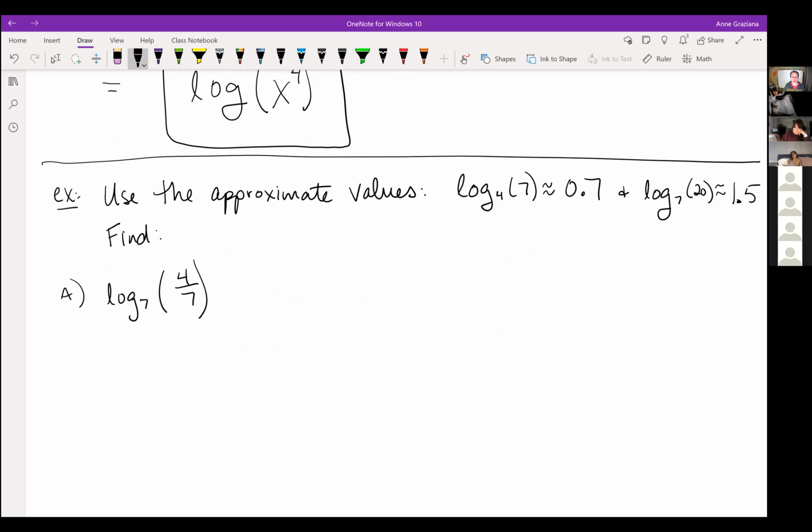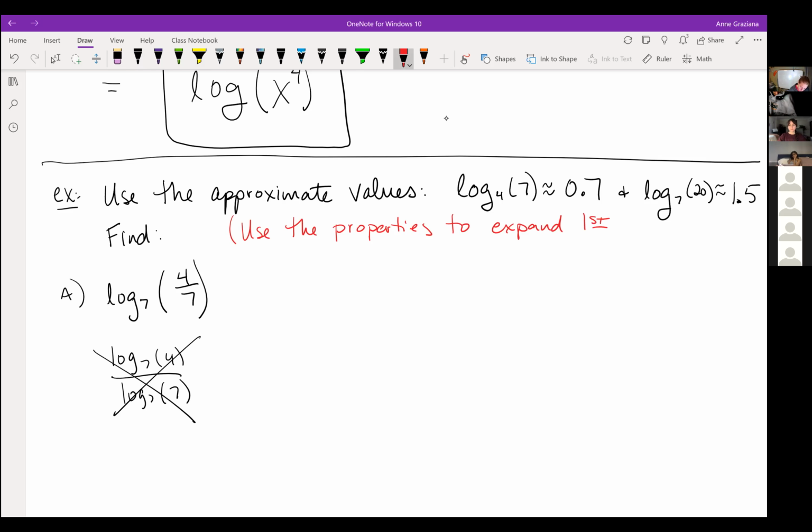This is not the same as saying log base 7 of 4 over log base 7 of 7. Okay, that's wrong. So you can't do that. You can't just plug in 0.7. We have to use our properties. So use the properties, I want to say that in red, to expand first.